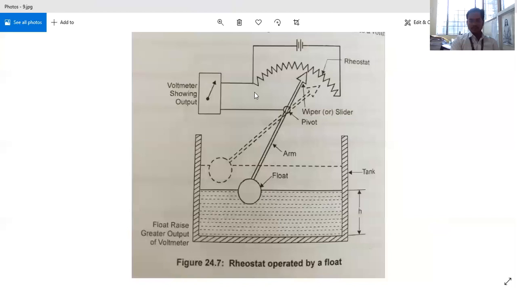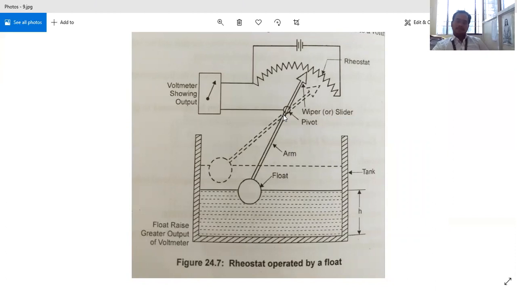Now by looking at the picture, we can describe the instrument. There is a tank, and this tank has some liquid. I want to find out the level of this liquid with the help of some electrical method.